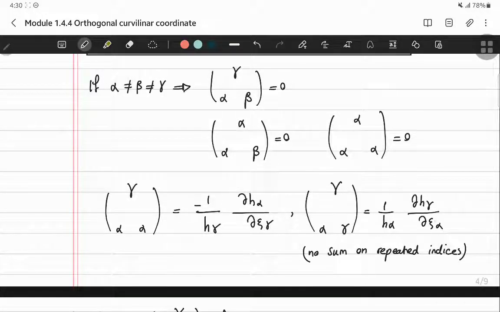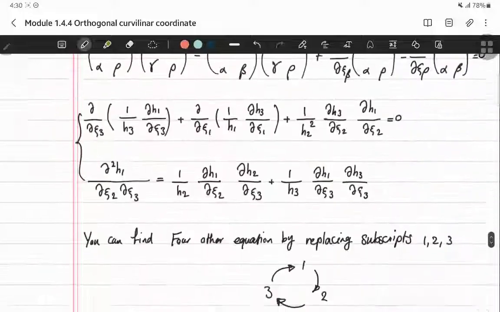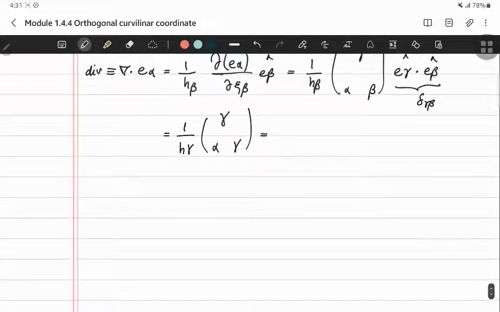So you have to put this in here, 1 over h alpha, partial derivative of h gamma with respect to z alpha.